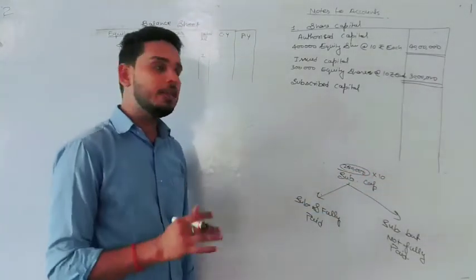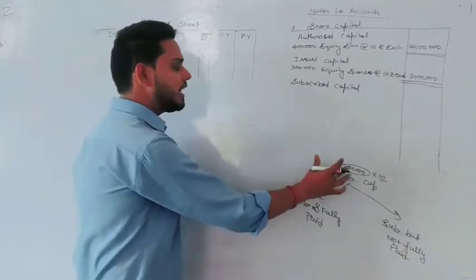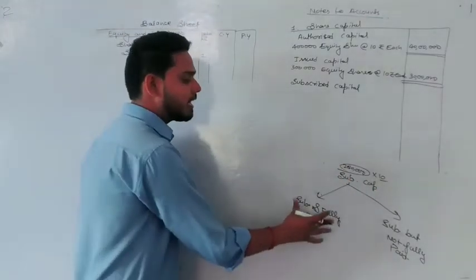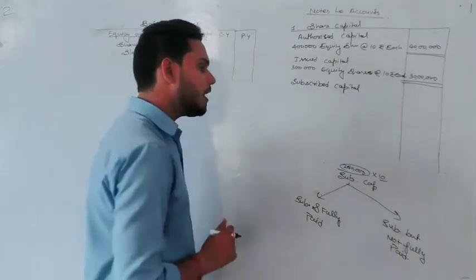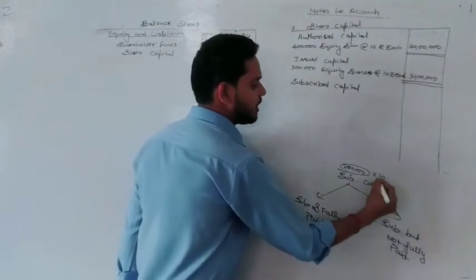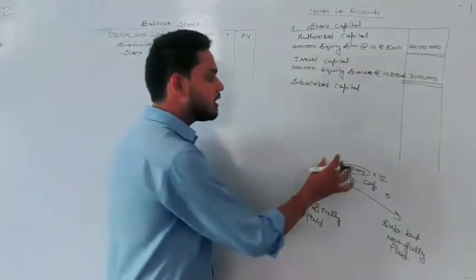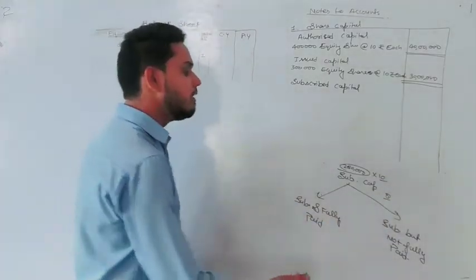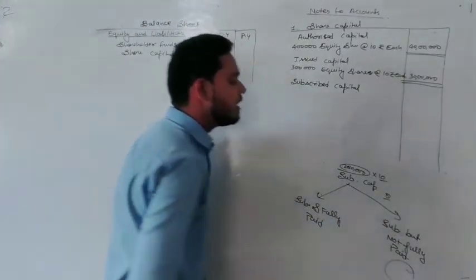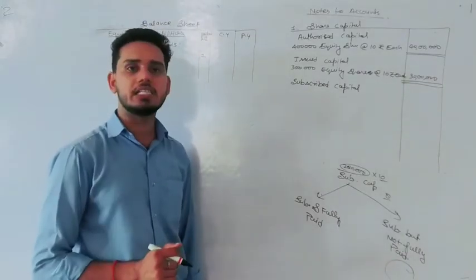So if the public paid the whole amount, these 2,80,000 shares will be categorized in this category, subscribed and fully paid. But if, let's suppose, from this 10 rupees, the public paid only 8 rupees, then the number of shares on which only 8 rupees is paid will be categorized in subscribed but not fully paid. So I hope this point is clear to you.